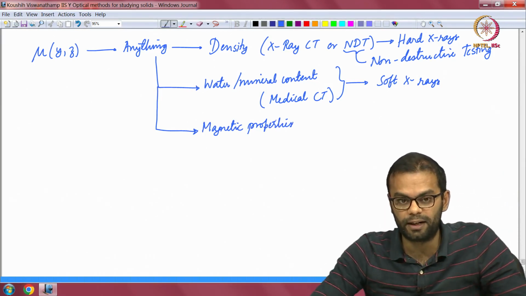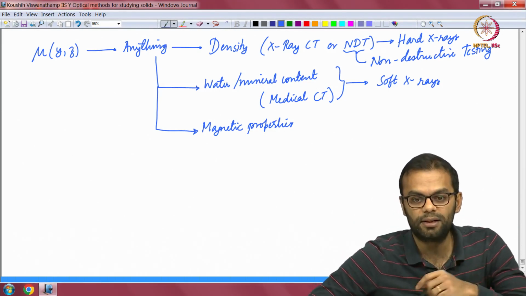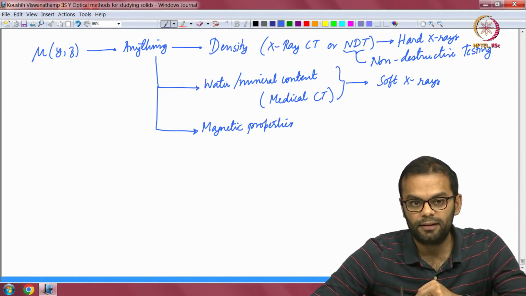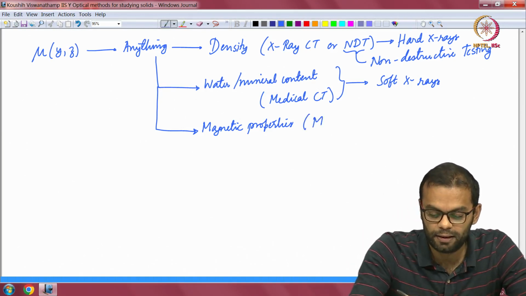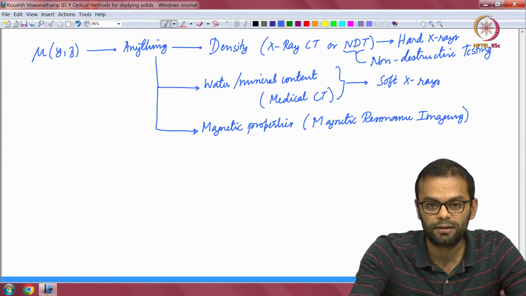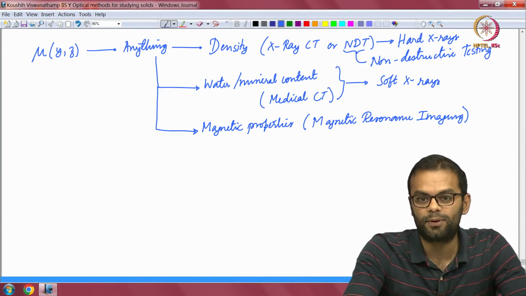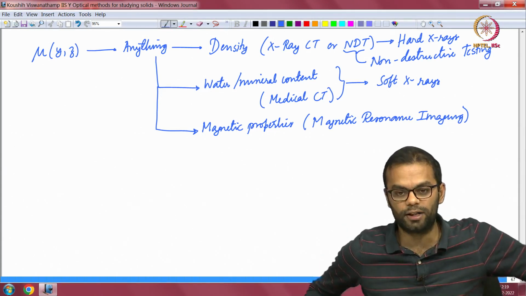So sometimes there is a magnetic moment or a distribution of magnetic moments or magnetization you want to measure, and that it turns out is also described by the same Beer-Lambert law, in which case the reconstruction scheme that you do to get mu is actually measuring the magnetic properties, and this is exactly what happens in magnetic resonance imaging or an MRI scan, if you have had the misfortune of going through one, and the techniques are somewhat similar, right. There are obviously differences from one to the other, there are some things you have to change, but the broad ideas are more or less the same.